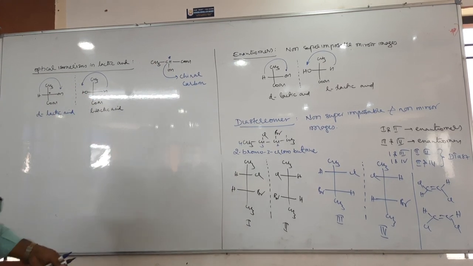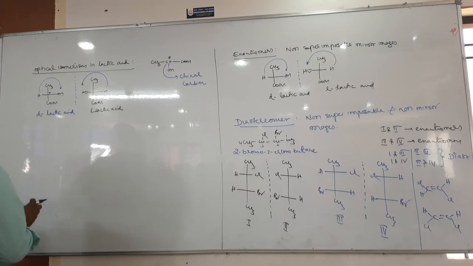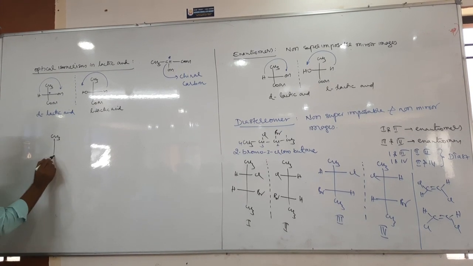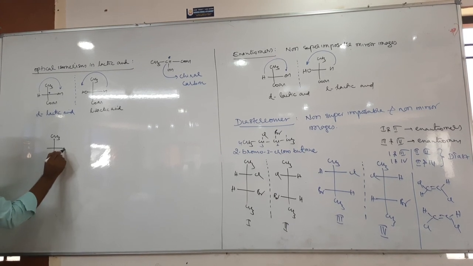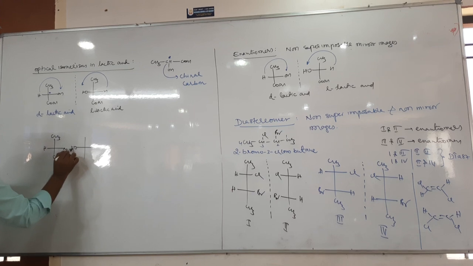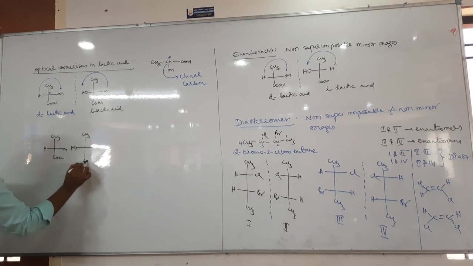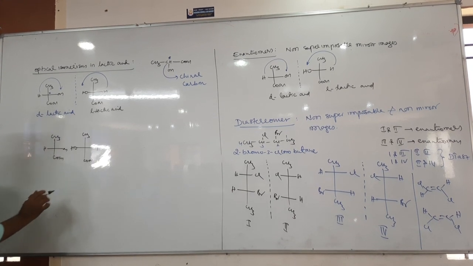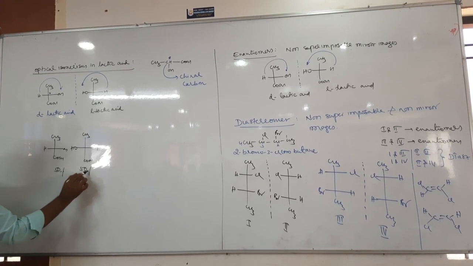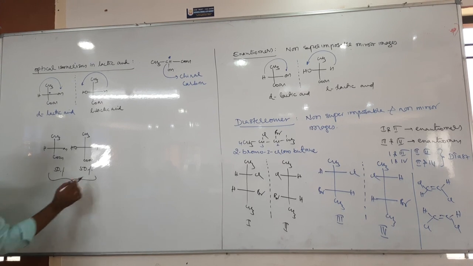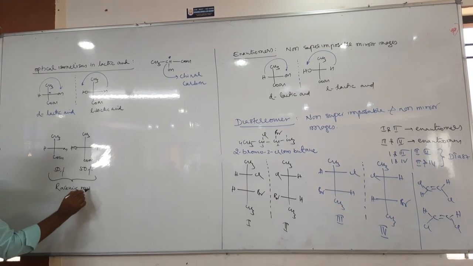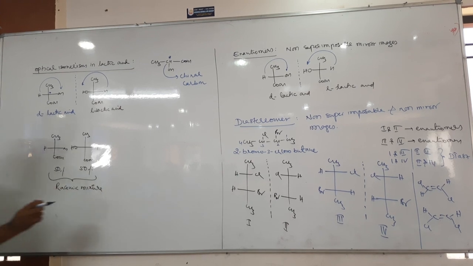A racemic mixture is 50% D and 50% L. This composition is called a racemic mixture.